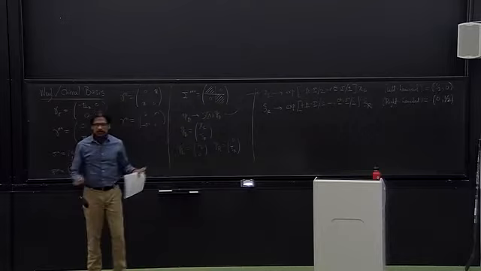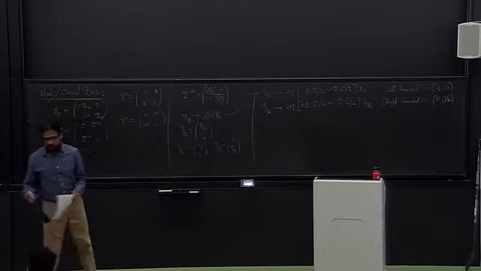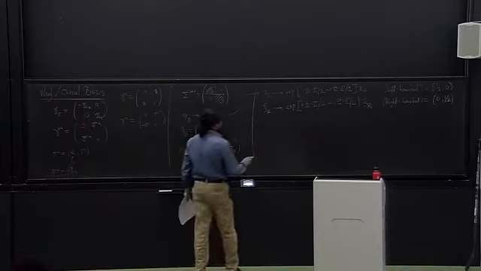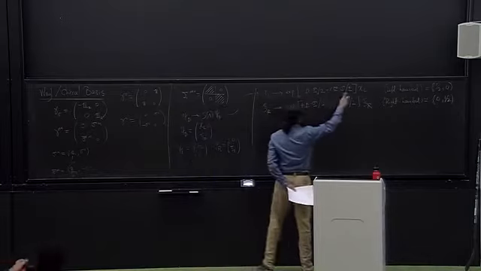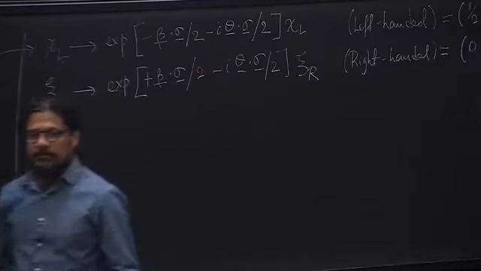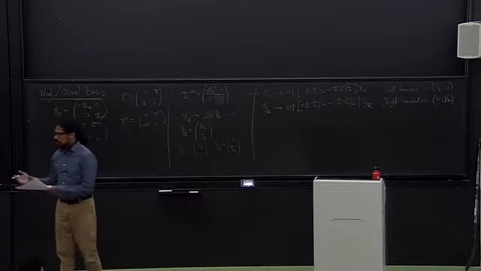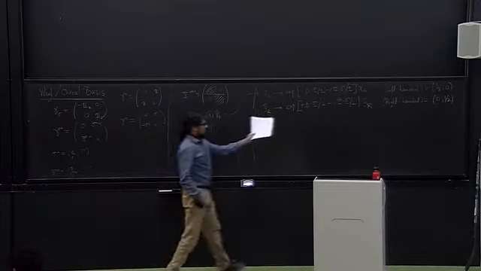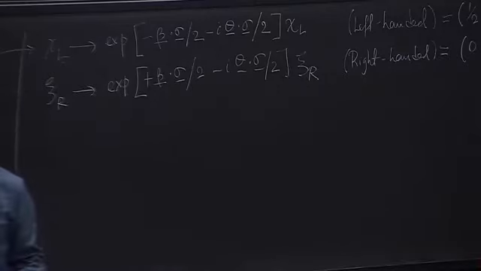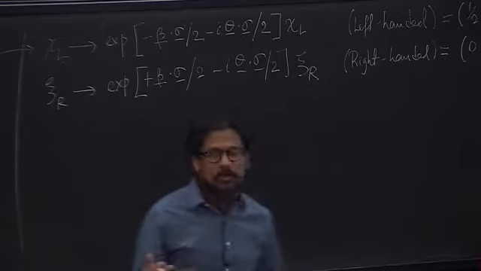The two Weyl representations are inequivalent, which means that if you take these matrices, there is no unitary similarity transformation which will take you to these matrices. They are inequivalent. However, they are related by complex conjugation.